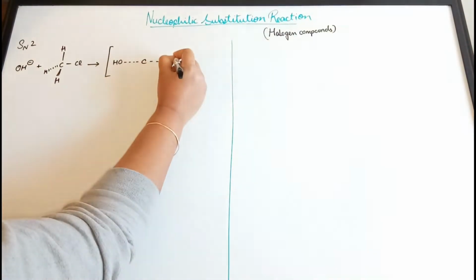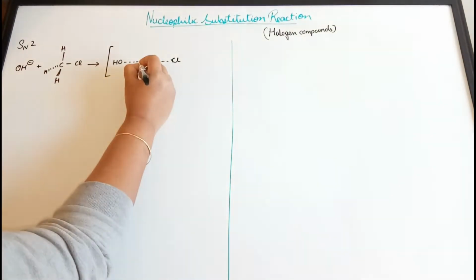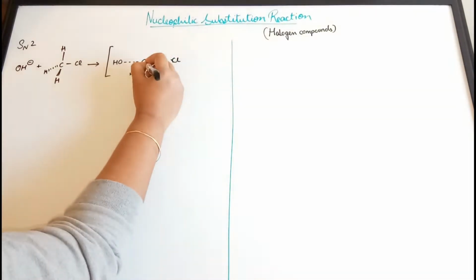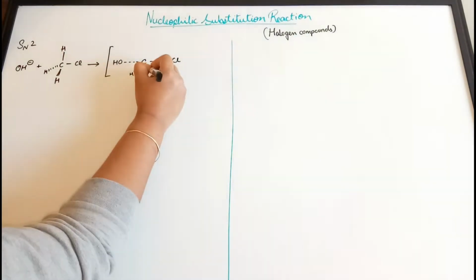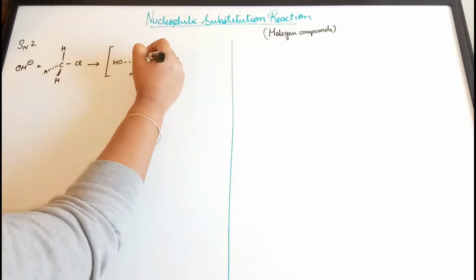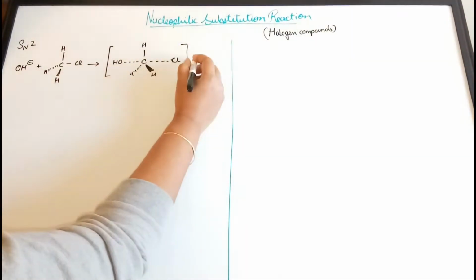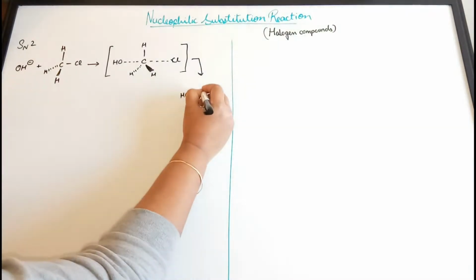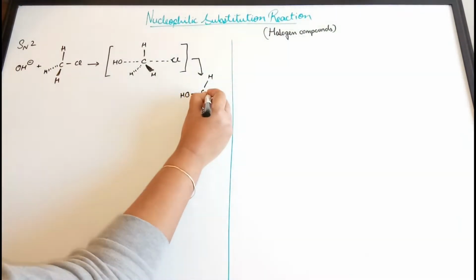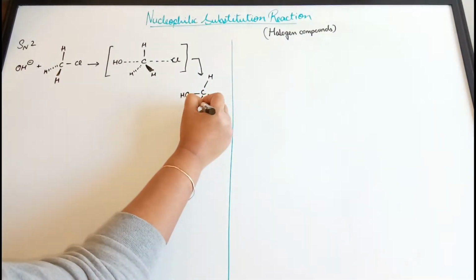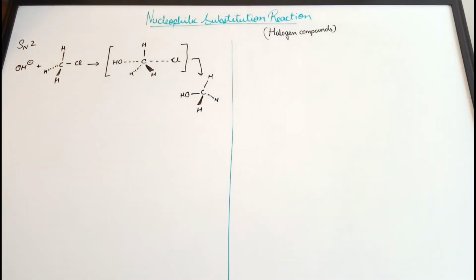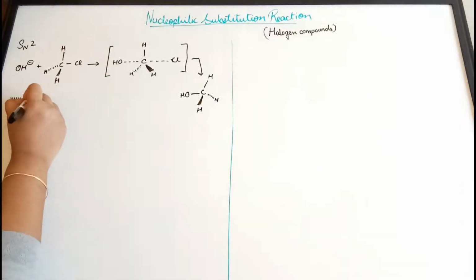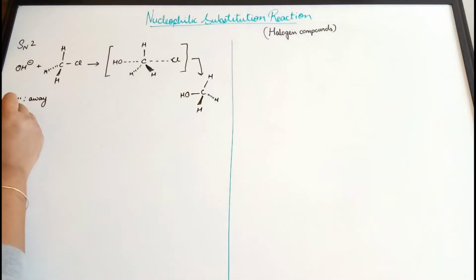So you have a Cl, and you have a dotted line, you will have a thick line and a hydrogen, and this in turn will lead to the formation of OH, C, H, H and H. Let me just write it here: dotted away, and this is going to be towards.